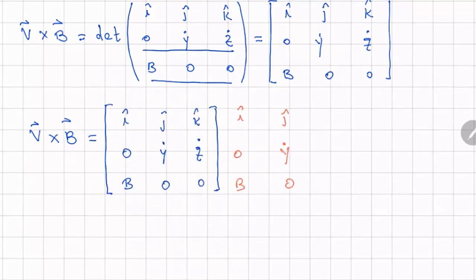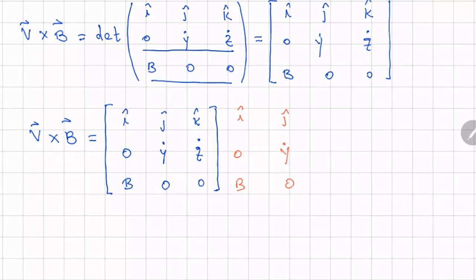What I did here is that I wrote the matrix with a repetition of its first two columns, written outside on the right side.